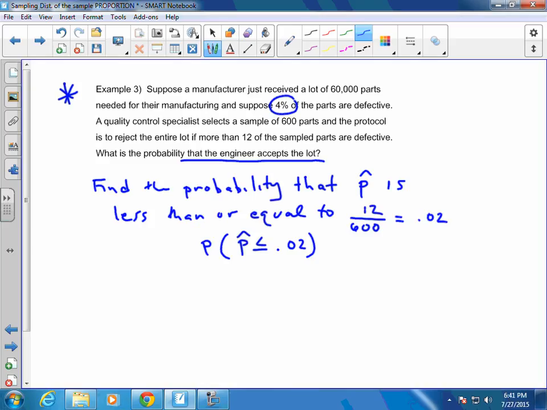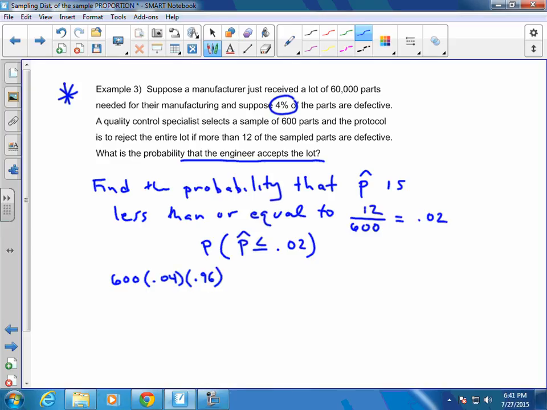And if we have sampled 600 of these parts, it's pretty much guaranteed, except for really wacky scenarios, that you've got yourself a normal distribution. If you tried to do that, n times p times 1 minus p, right? n is 600, p is 0.04.